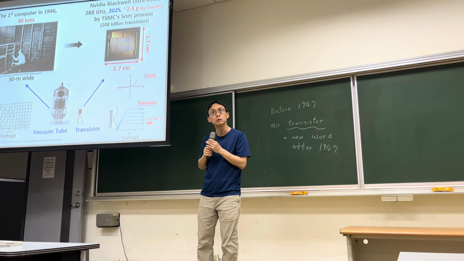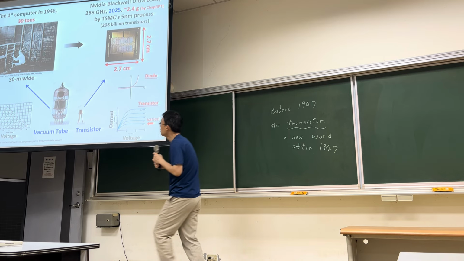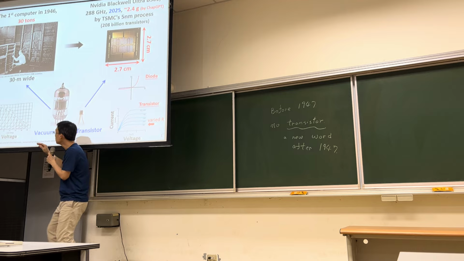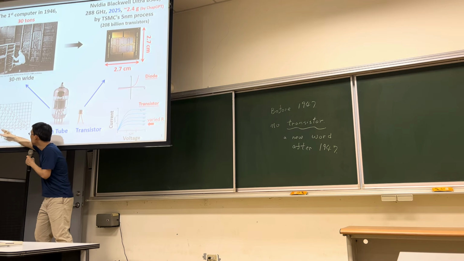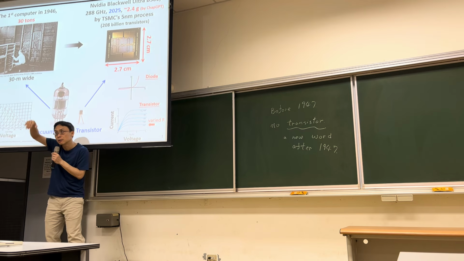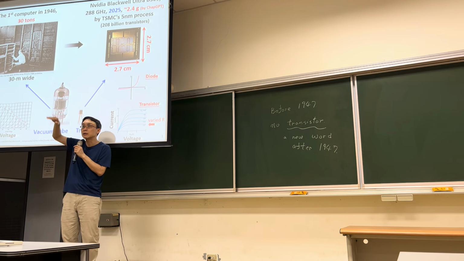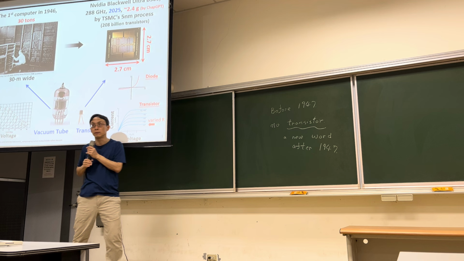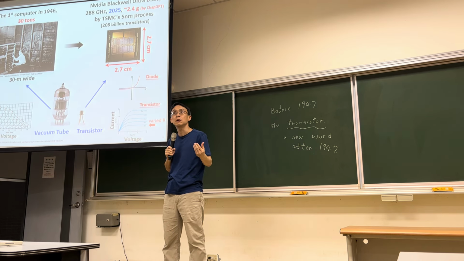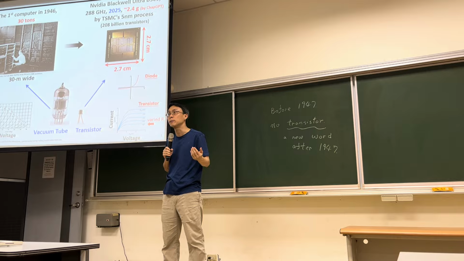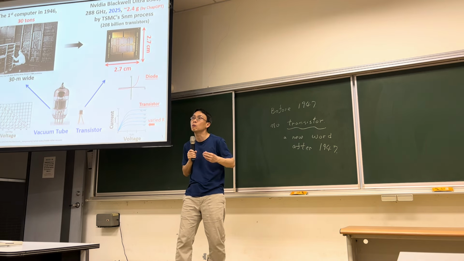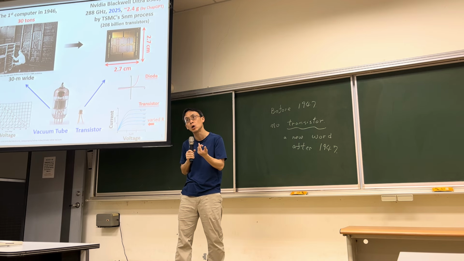Before that, you only have a vacuum tube, okay, which gives you the IV curve going like this. Okay, it's not a straight line, but gives you some curvature with a certain slope, right? And some scientists in Bell Lab in the US, 贝尔实验室, one of the scientists, he wanted to do something special, okay?